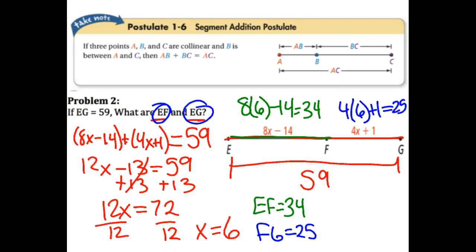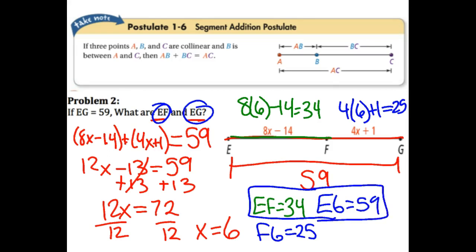So did we actually have to find FG? No. All we needed was EF, because we actually already knew that EG was 59, so we can just add that into our answer, even though we already knew that. It's good to state it. And you can double check, hey, do 34 plus 25, are they 59? Yes, in fact, they are.